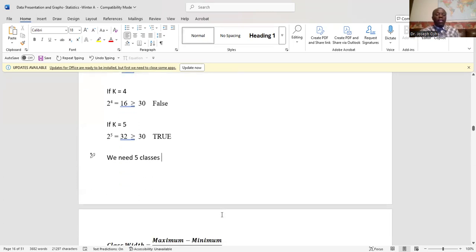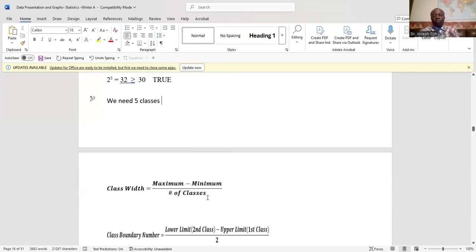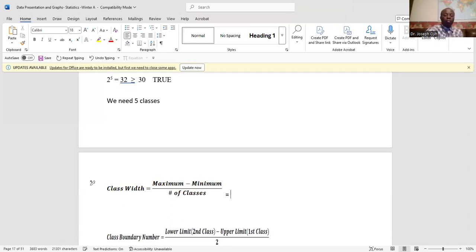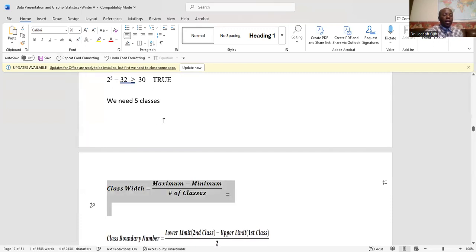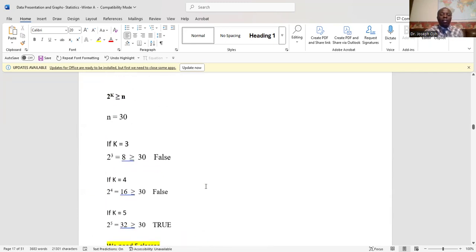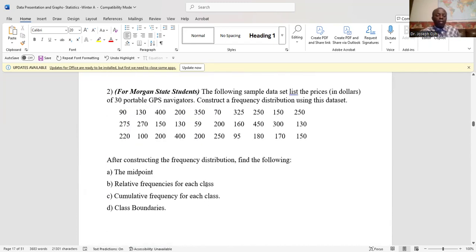We need 5 classes. Next thing we need to get is the class width. Class width equals maximum minus minimum, divided by the number of classes. We have determined that we need 5 classes. If you look at our data set, the largest number, the biggest one, is 450.